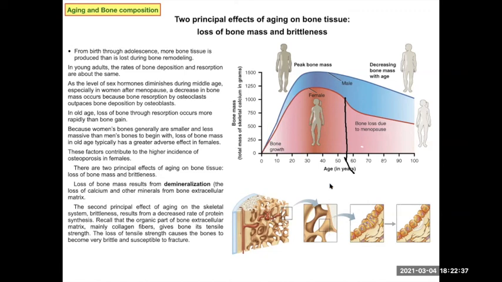Also, your fibroblasts and osteoblasts that were producing collagen start to slow down, so you have less collagen. That makes it more brittle as well. So all this means is they're lighter and much more prone to breakage.